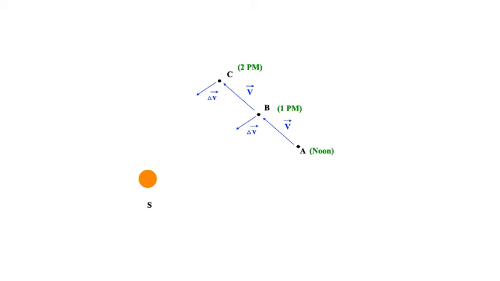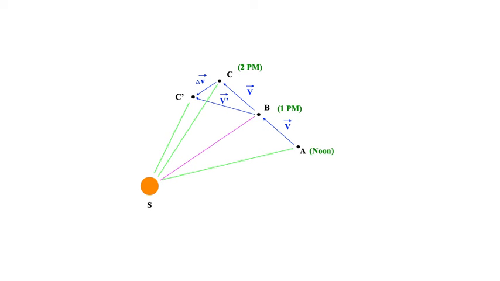To perform this addition, we make an exact copy of delta v and place its tail at point C. The resultant, v prime, brings Q to point C prime at exactly 2 p.m. This forms a third triangle, which we will call Pisces.